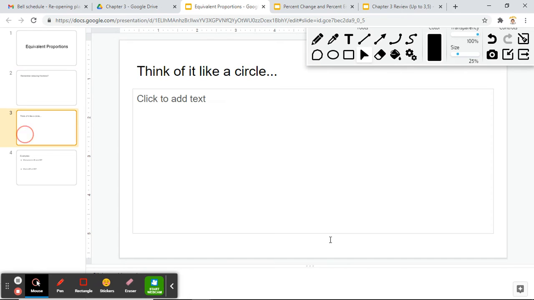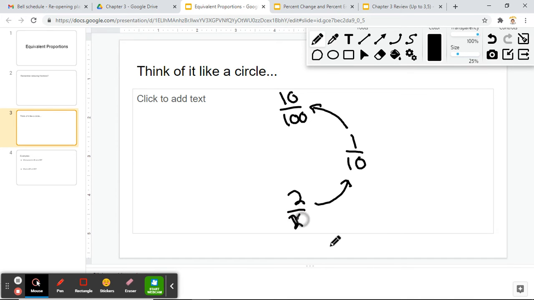So we can think of it like a circle. We have a circle here and we're starting with different numbers. So we could say that we have 10 over 100. But maybe we got to 10 over 100 by reducing the fraction 1/10, or maybe by reducing the fraction 2/20. And from that point, who knows?